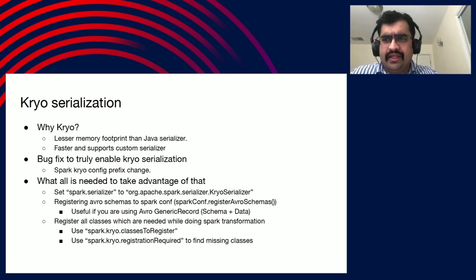So there are some things I have highlighted here. One is, let's say you are using Spark with Avro generic record, then it's recommended that you register your Avro schemas because that helps you reduce your Kryo serialization stream size. I'll be talking about that in the next slide. And let's say you are using some custom classes, then it's highly recommended that you register those classes using spark.kryo.classesToRegister.